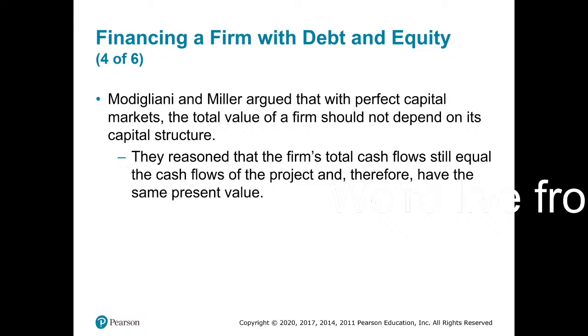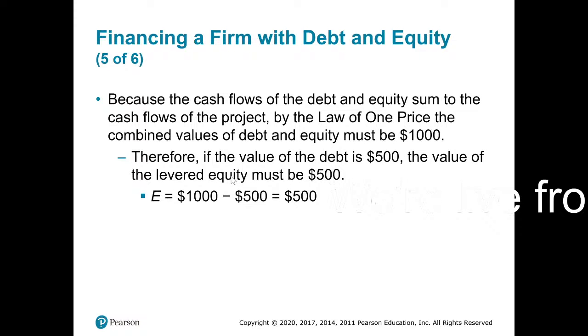Then the firm is indifferent between using debt or not. However, we know some of the assumptions do not hold. So let's look at here. If the value of debt is 500, and the value of the company is 1,000, then the equity value should be 500.